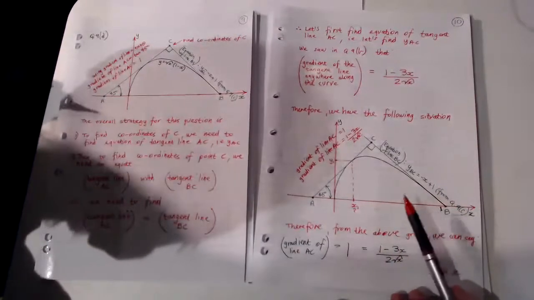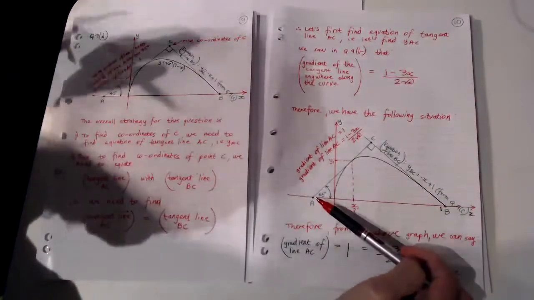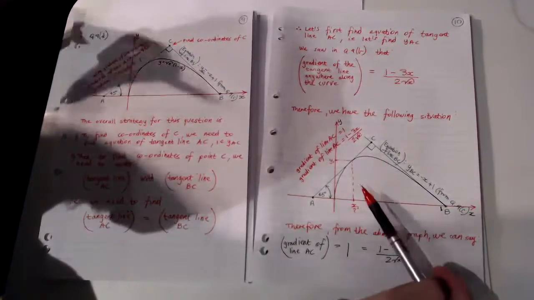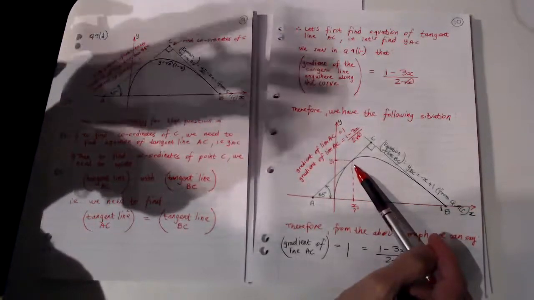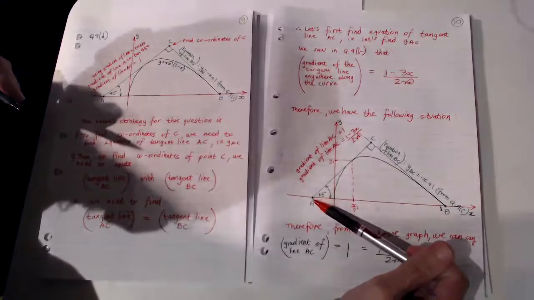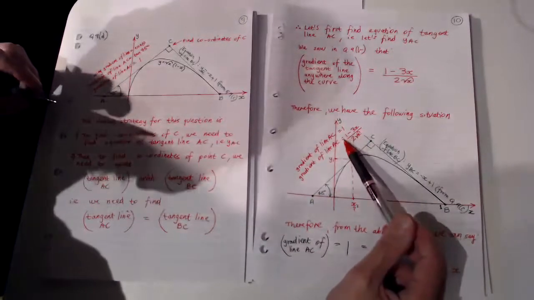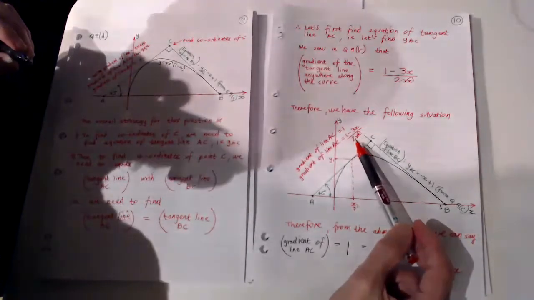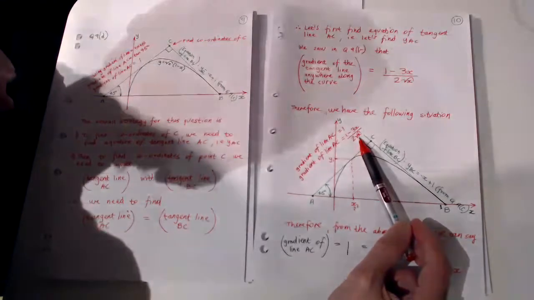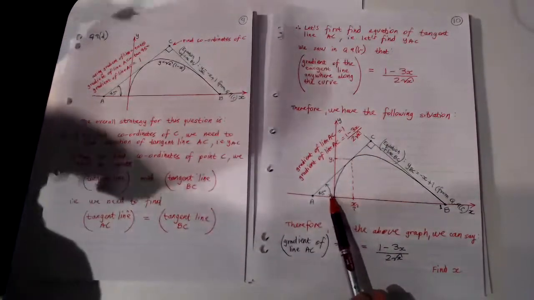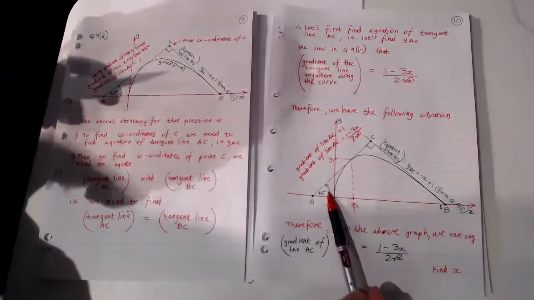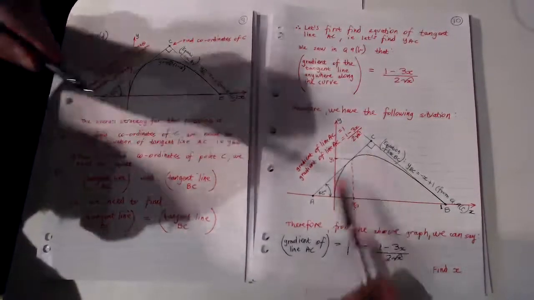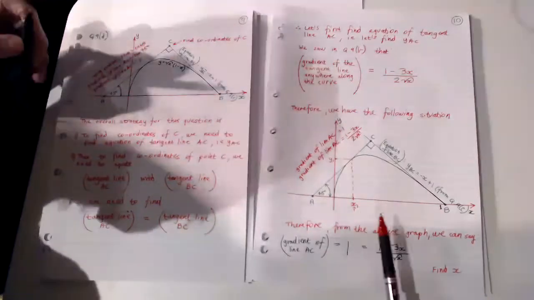So if we draw any old green tangent line AC at any old point x1, y1, the gradient of the green tangent line is always going to be equal to 1 minus 3x on 2 square root of x. But we also know from what the question tells us that because that angle there is 45 degrees, the gradient of this green tangent line is also equal to 1 in this particular case.